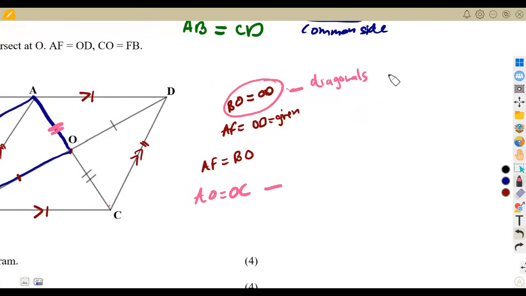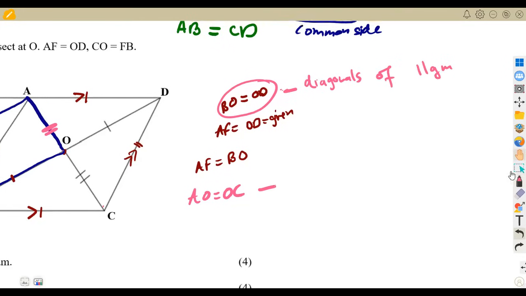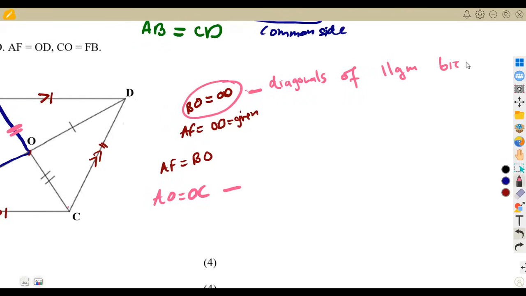In short, just write: diagonals of a parallelogram, they do bisect. This is the same condition that we have here. The diagonals of a parallelogram, they do bisect, just like this case.